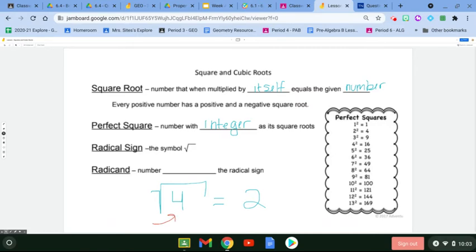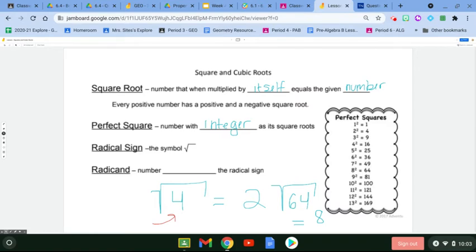Another example would be, what's the square root of 64? Again, we're thinking what two numbers that are exactly the same would give you 64. That number would be 8, because 8 times 8 gives you 64.